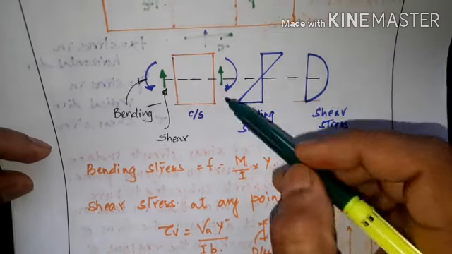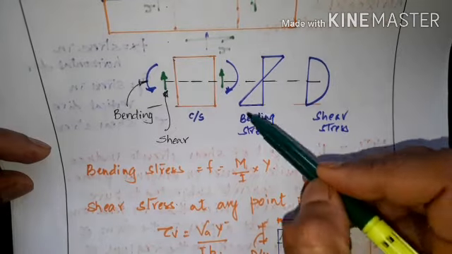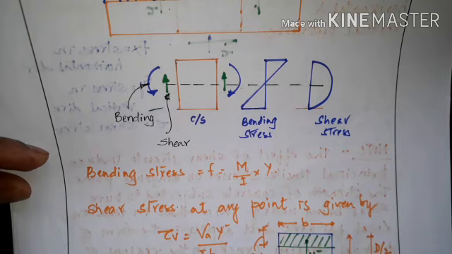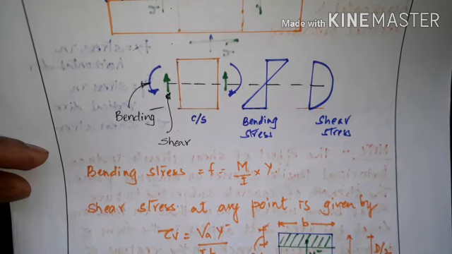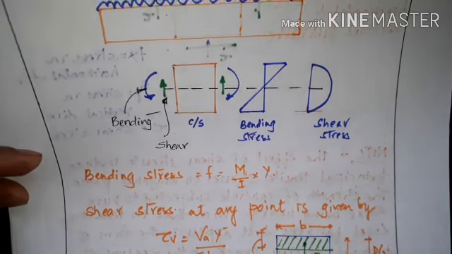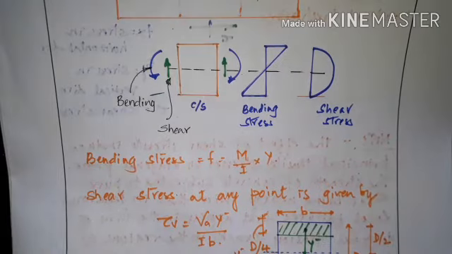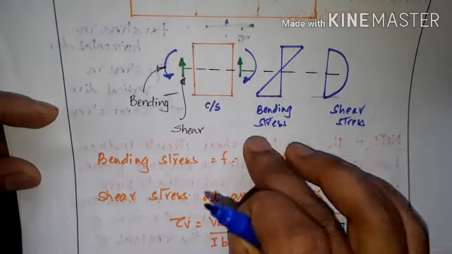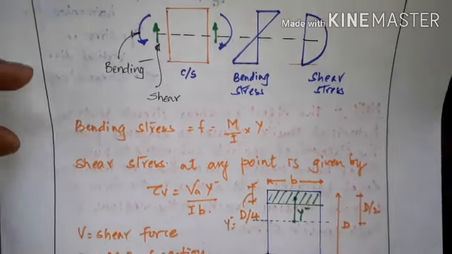And we can see the stress distribution diagram for bending and for shear. You have learned these things, I think, in strength of materials, so we are not going to discuss in depth how to get the bending stress diagram and the shear stress diagram.